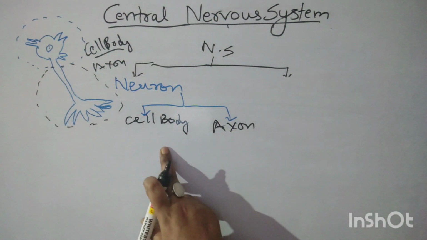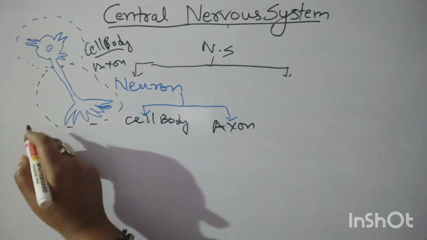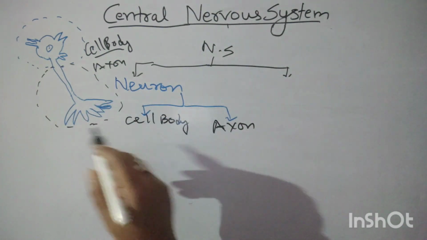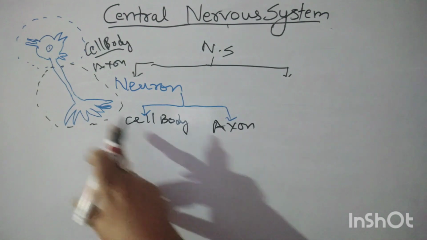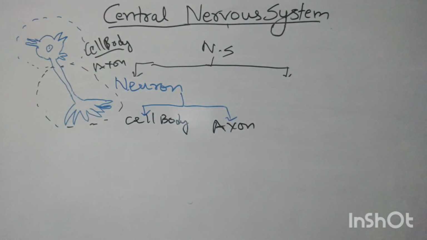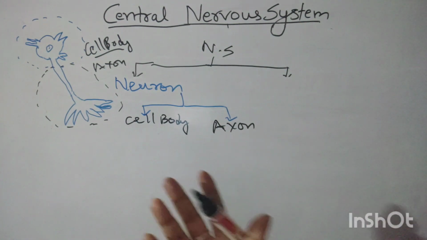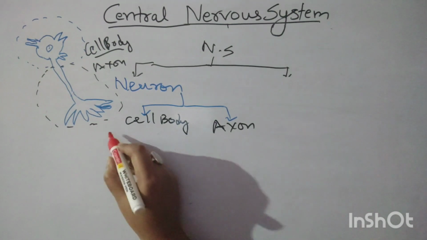The cell body of the neuron is this cell body. It contains cytoplasm and DNA, so it appears darkish, blackish, grayish in color. So it is called gray matter.